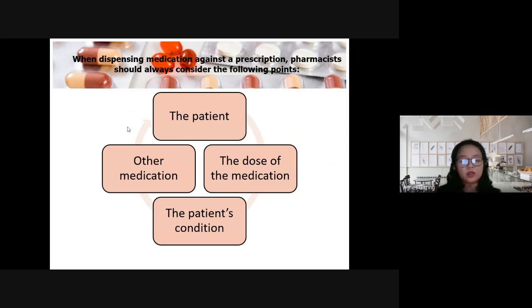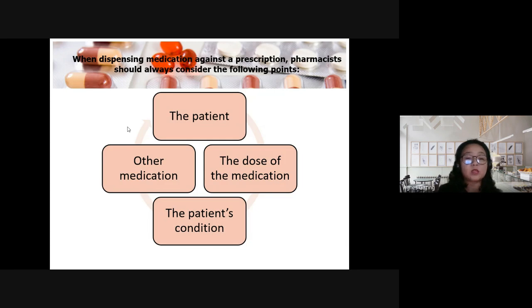Okay, and then for neonates naman, some neonates, their livers are not yet fully developed. Like for example, 'di ba, the liver is the major organ for metabolism, and then the kidney is the major organ for excretion. So if the neonate's liver is not yet fully developed, then the enzymes responsible for the metabolism of drugs might also be affected.